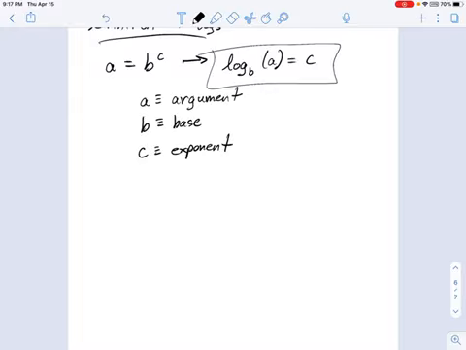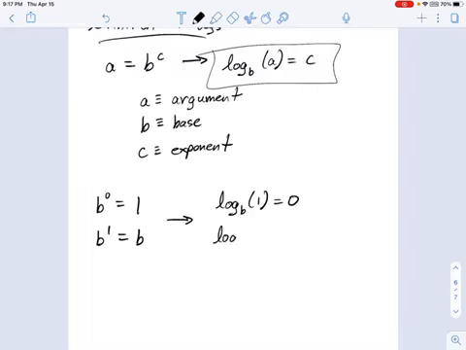For example, we know that any number to the 0th power equals 1. And we also know that any number to the 1st power equals that number. So I can turn both of these things into logarithmic expressions and say log base b of 1 equals 0, and log base b of b equals 1, right?